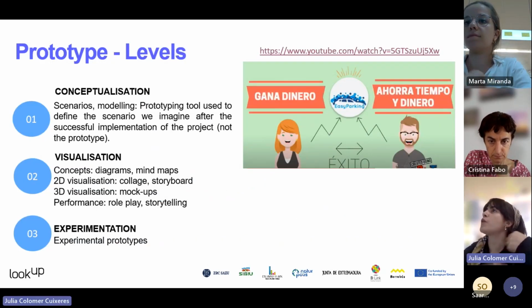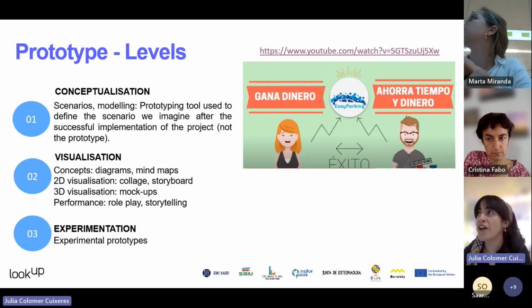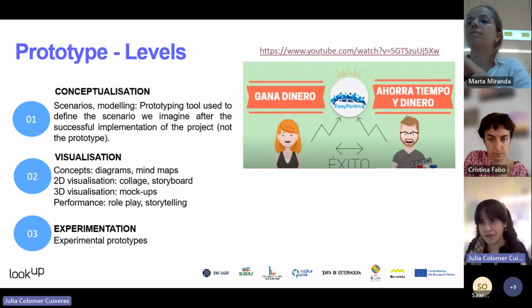Okay, here we have divided the prototype phase into three levels. The first one is conceptualization, which is basically the scenario that you have in mind. I know that I want to build a building, and I have my building in mind, and I can even sketch the building, but it's not the prototype itself, because in the prototype you have to develop more features.